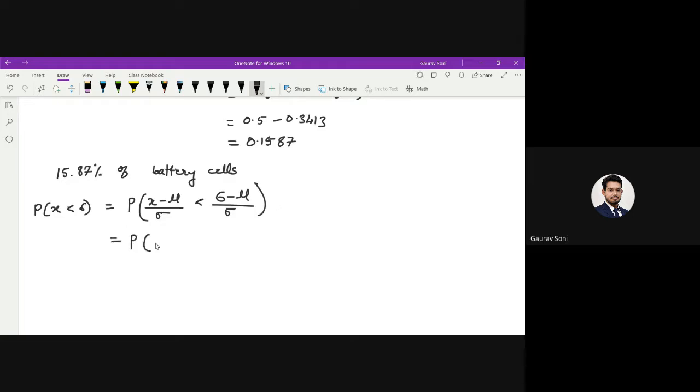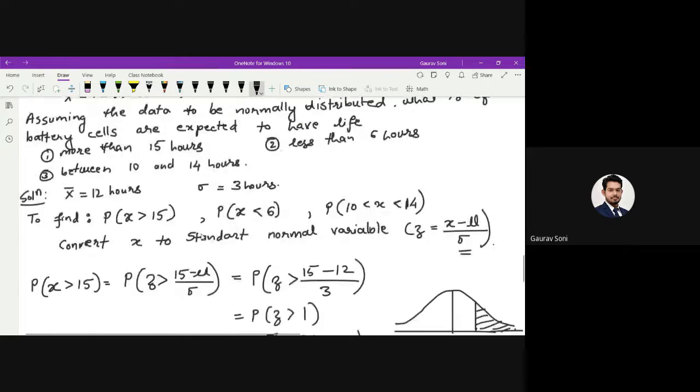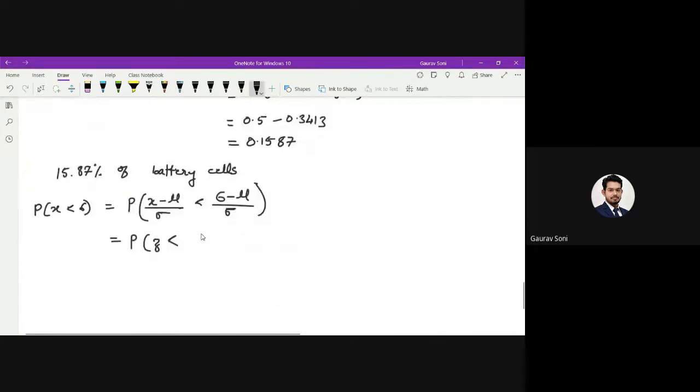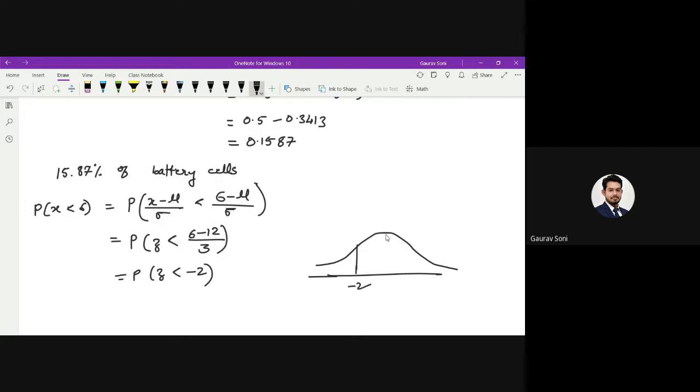Mu is 12. 6 minus 12 divided by 3, which is probability of z less than minus 6 by 3, minus 2. Draw the diagram. Normal curve, minus 2 somewhere here. This is 0. Z less than minus 2.